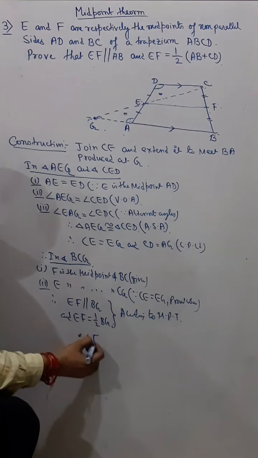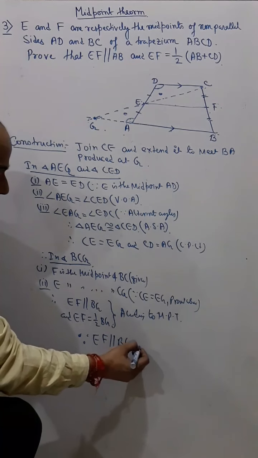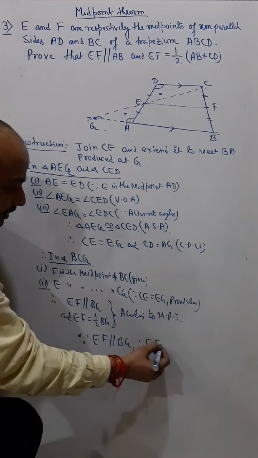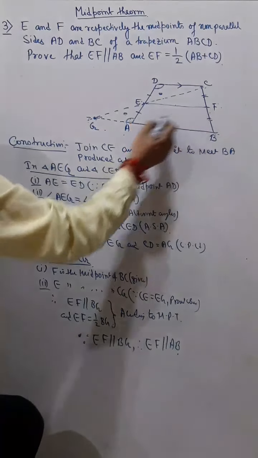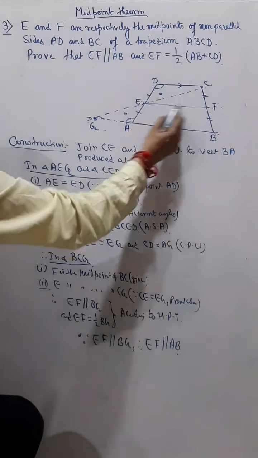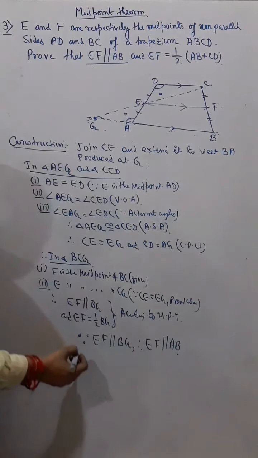So EF is parallel to BG, and therefore since EF is parallel to BG, EF is parallel to AB. So if EF is parallel to BG, that means EF is parallel to AB. So the first thing we have proved. Now the second thing.